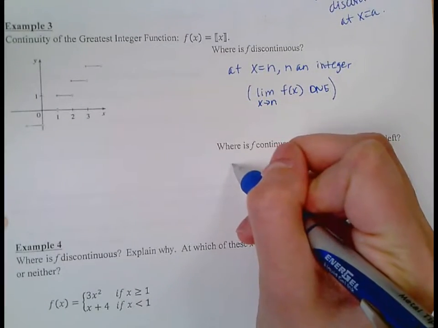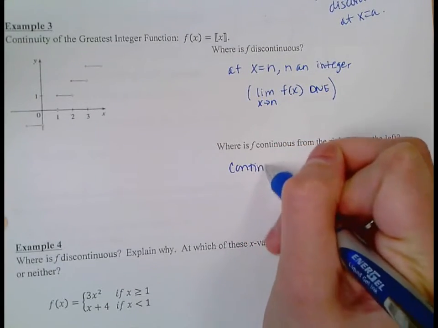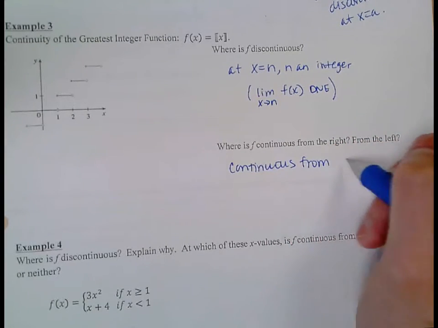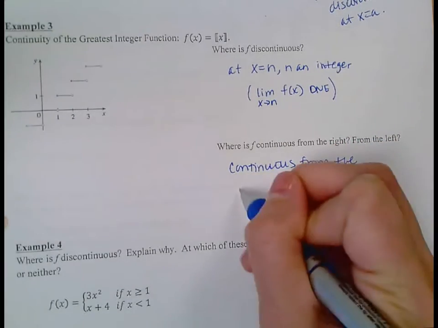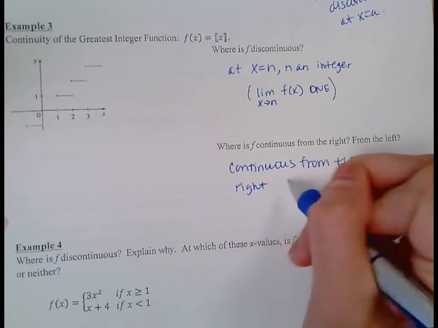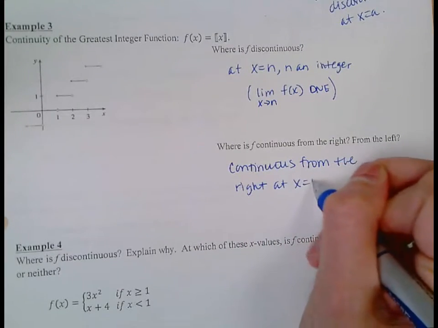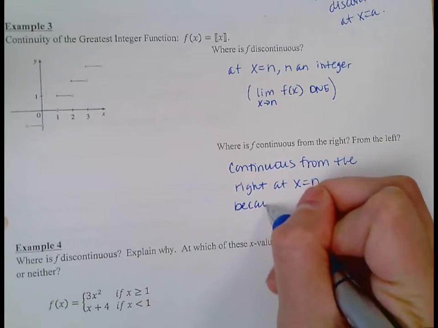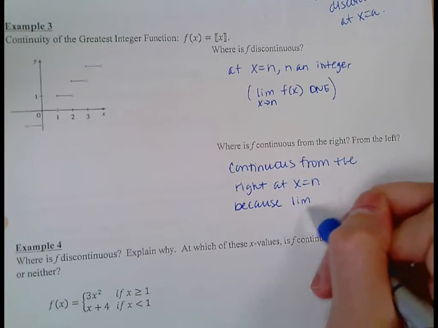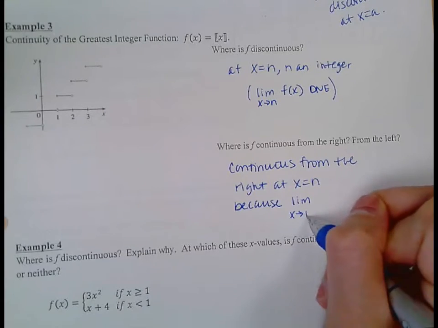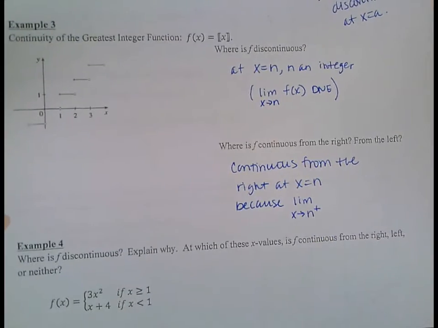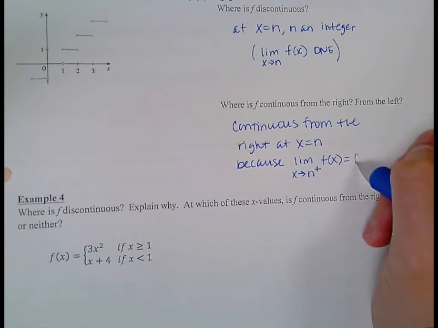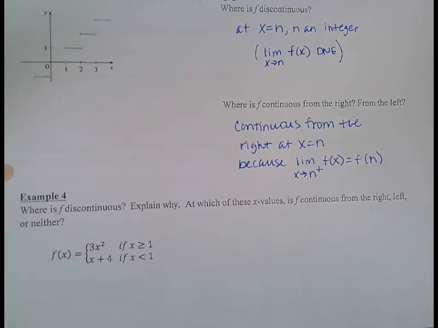So I'll say continuous from the right at x equals n, because the limit as x approaches every integer n from the right side of f of x will equal the function value f of n.